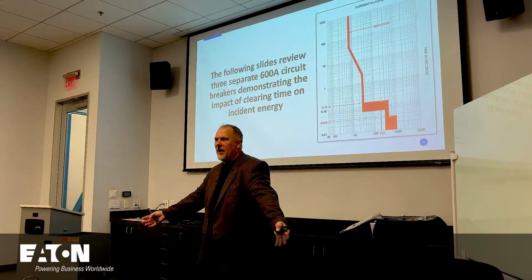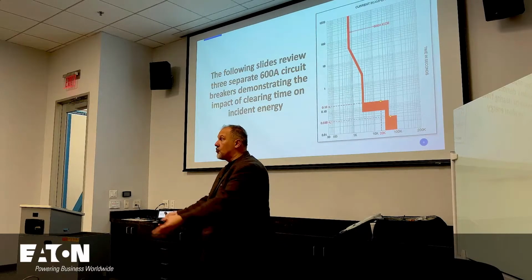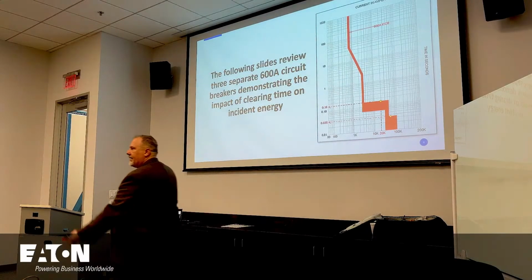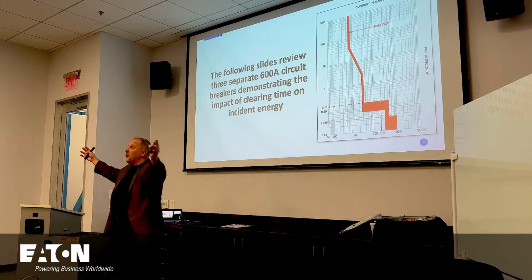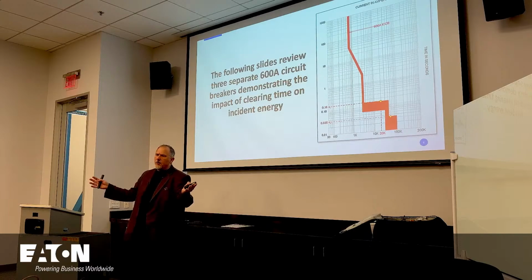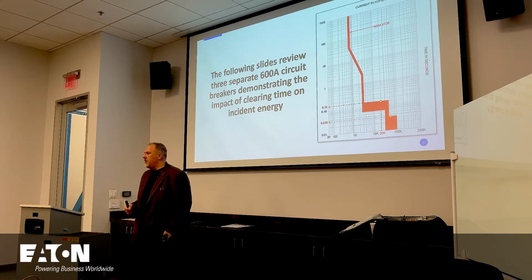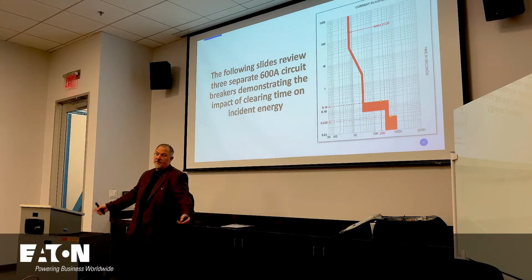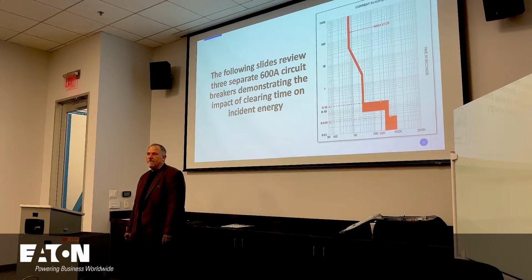Power breaker, 600 amp power breaker, I'd need a truck, a little cart to get it in here, right? And it's going to go in a big gray box. I could buy an insulated case that'll go into a smaller gray box, but maybe on one of my good days I could carry an insulated case circuit breaker, not a double wide, forget that. But then you get the nice little molded case circuit breaker.